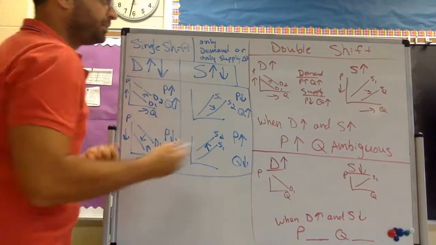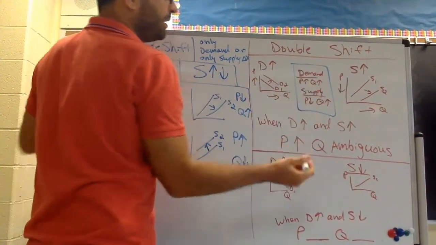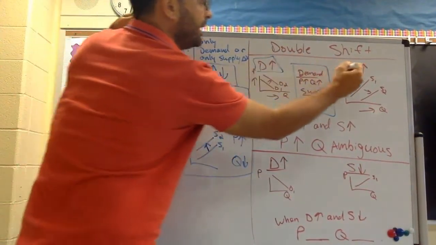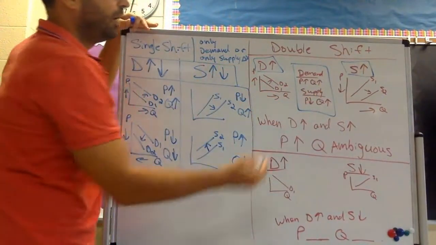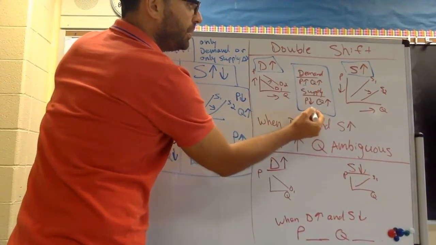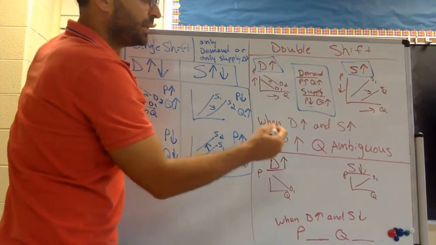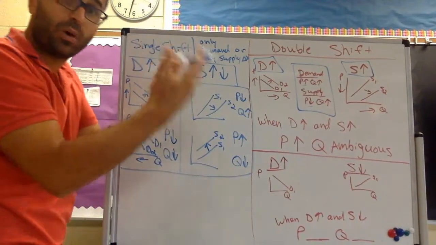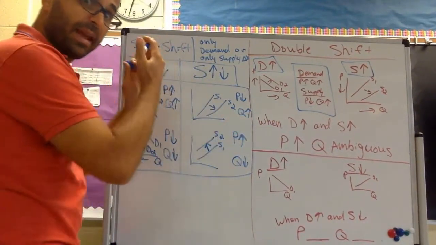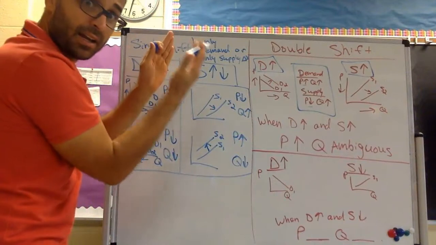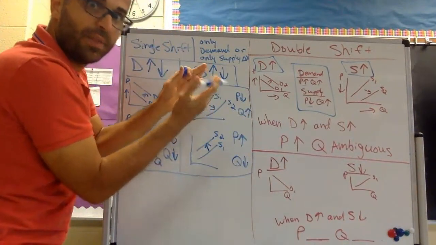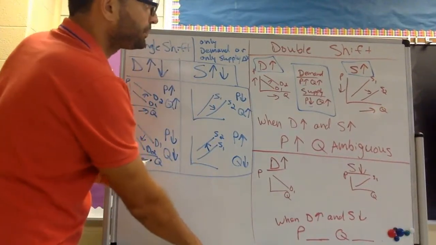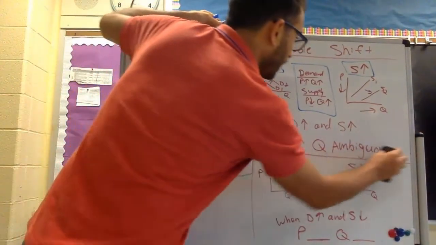Then I look at the middle and ask, what happens to price when D goes up and S goes up? P over here goes up, P over here goes down. So price can go up or down depending upon which shift is larger. If demand increases more than supply increases, the price could be either up or down, and we call that ambiguous.